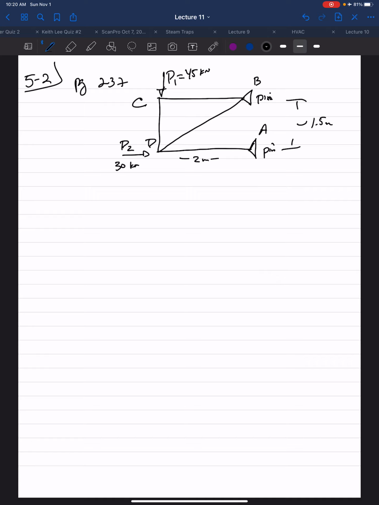So once again, if we start at joint C and draw a free body diagram, we have a 45 kilonewton force coming down. We have CB, the force in member CB, and you have FCD. So we have one known, two unknowns. We can solve. That's our rule.